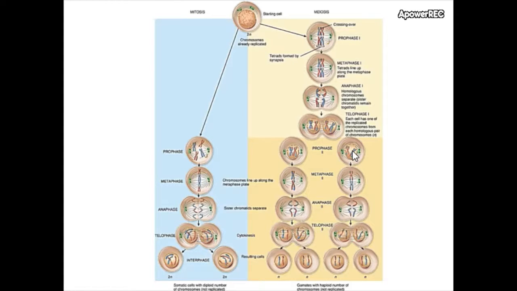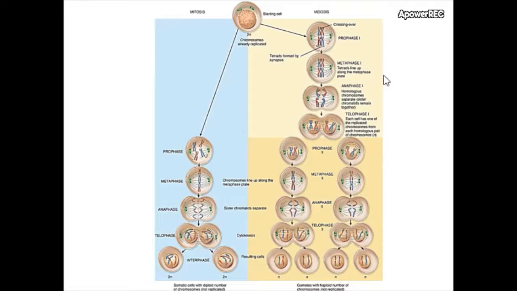From the start of meiosis 2 to the end of meiosis 2, they are haploid. In mitosis, from the start to the end, they're always diploid. Never do these cells not have two copies of each chromosome.